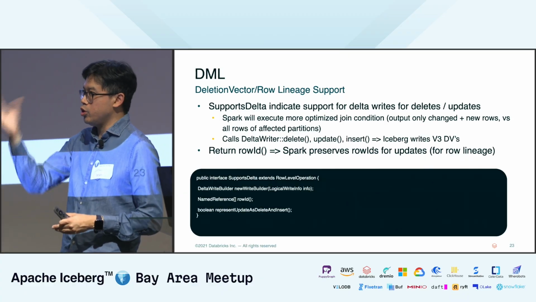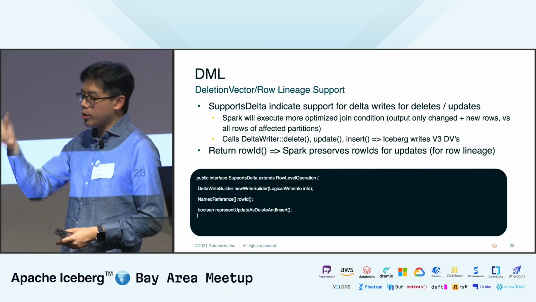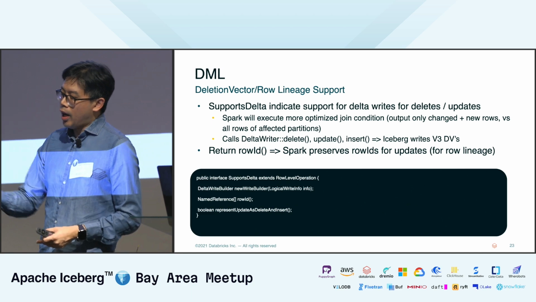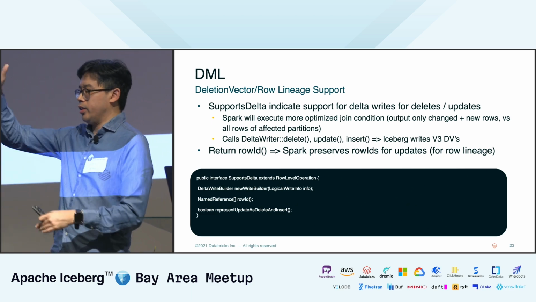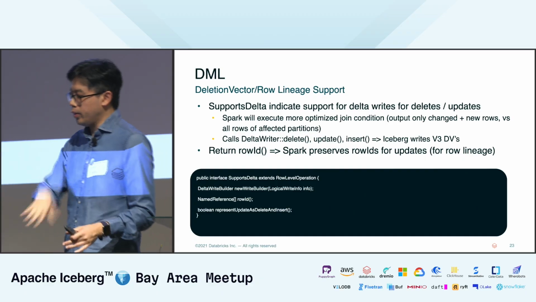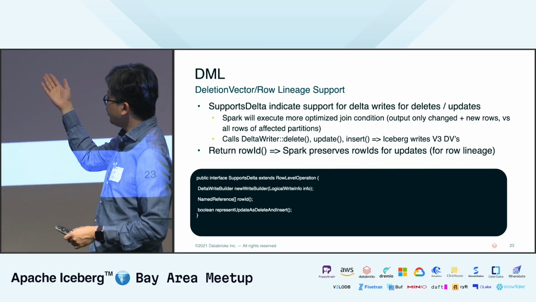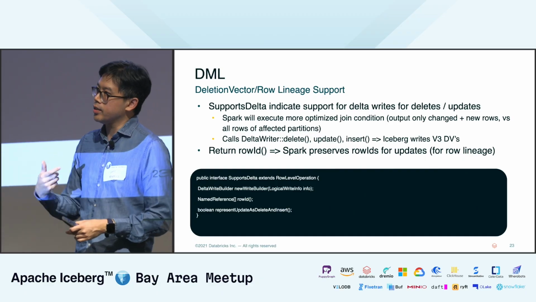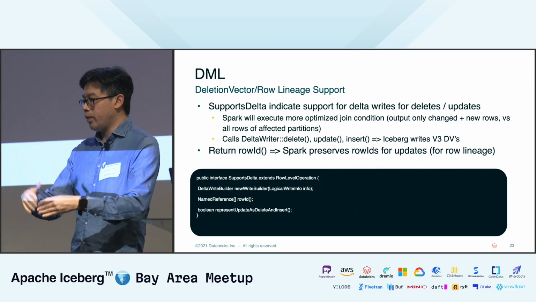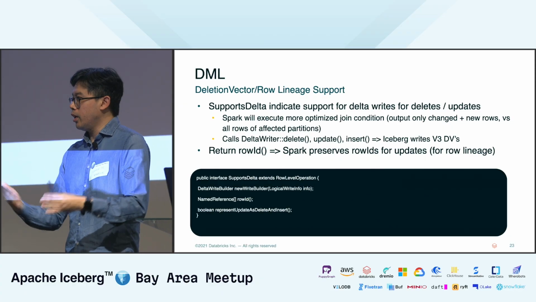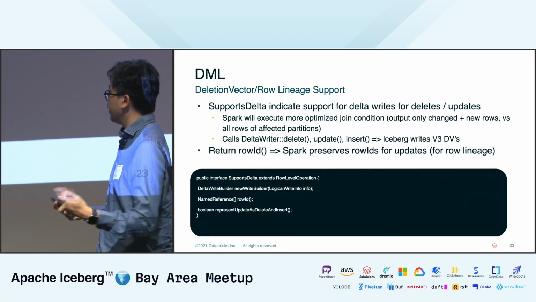And so Spark, when it does the join for a merge, can do an optimal join where it just outputs the difference, like what rows are deleted, what rows are new, instead of the original data, which traditionally you had to do. And then you could call it a delta writer and it actually passes you deletes, like this row is deleted, position XYZ. And then Iceberg can write the deletion vector that everyone hopefully maybe knows about, right, in V3.